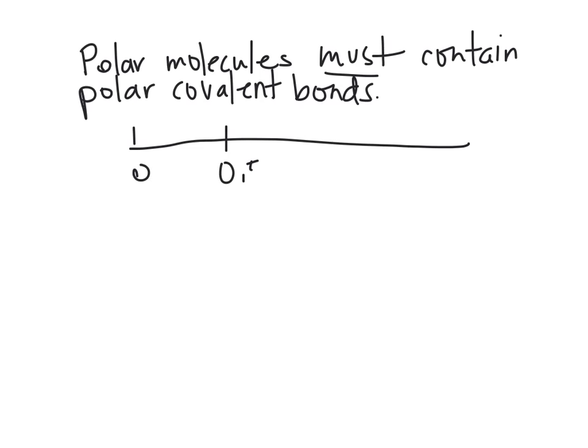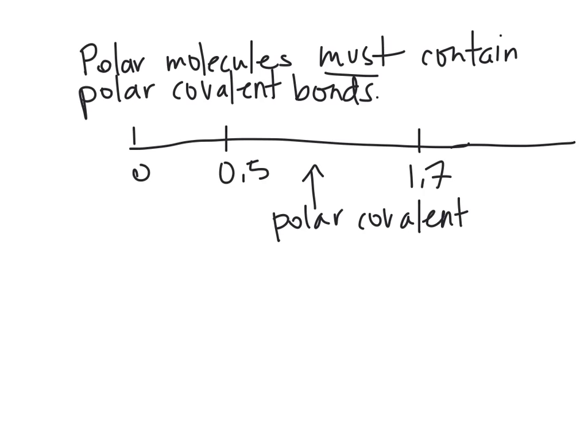So if you are between 0.5 and 1.7 on the bonding continuum, which is using differences in electronegativities, then you have polar covalent bonds, therefore you can be polar.